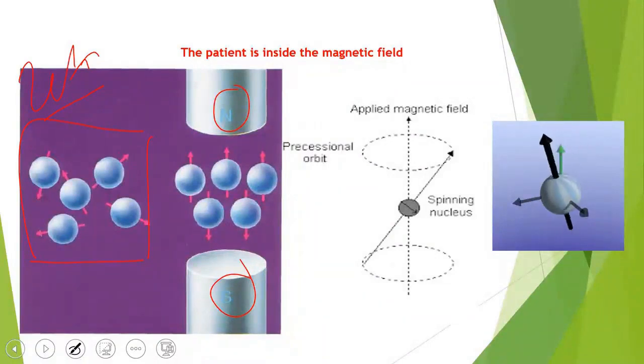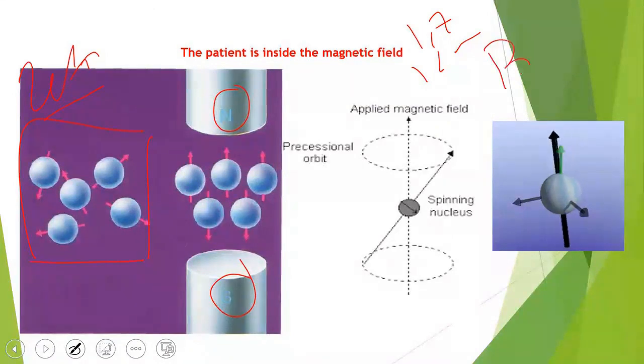If we say there are 1 million protons aligned upwards in a relaxation state and 1 million downwards, the 1 million will cancel out the other million, leaving us with some protons aligned with the main magnetic field, which I refer to as B0. I will work with these protons to obtain my image and excite them.